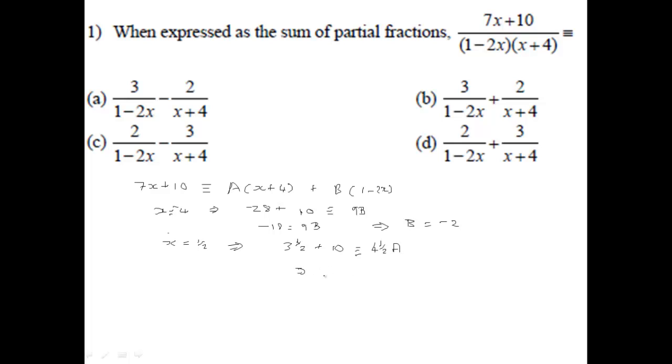So that implies then that A equals 13.5 divided by 4.5. Well, 2 4.5s is 9, add 4.5 we get 13.5, so A is 3. So we've got plus 3 minus 2, and there we go.